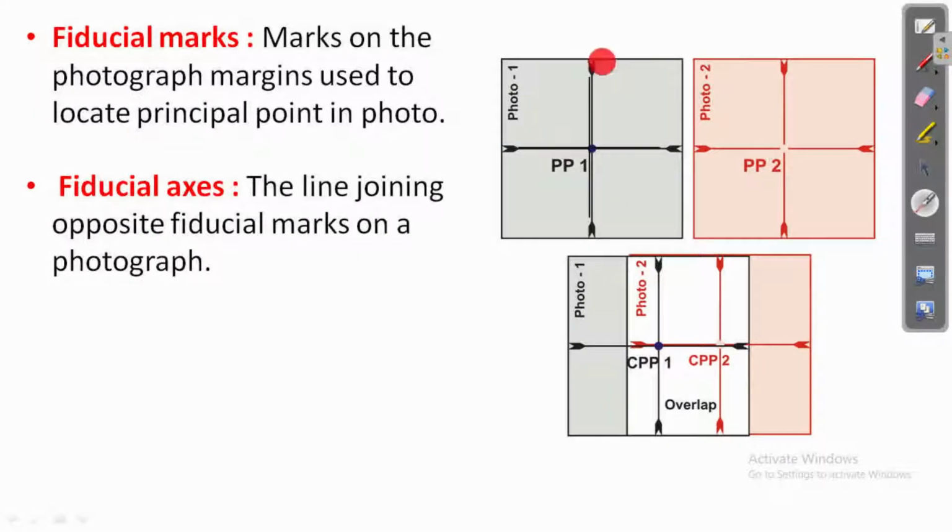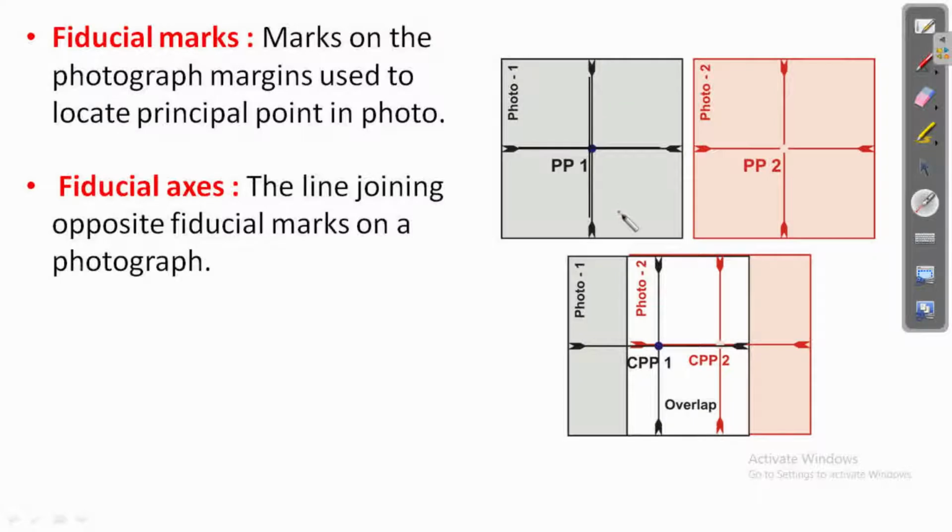The line joining opposite fiducial marks on a photograph is called a fiducial axis. When we join this fiducial mark and this fiducial mark, both are opposite to each other, so such lines are called fiducial axes. Every photograph has a minimum of 2 or a maximum of 4 fiducial axes.